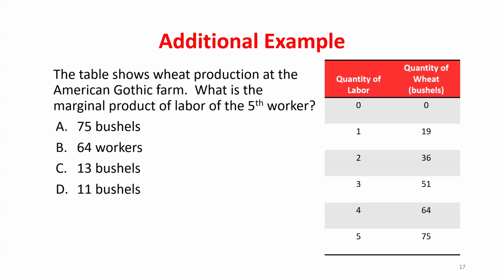So, like marginal cost, it's the change in total cost divided by a change in quantity. So I want the marginal product of labor for that 5th worker. Going from the 4th to the 5th worker, how much is my output changing by? 11 units. Divided by how did I get those additional 11 units? I hired one more worker. 11 over 1 is simply 11.